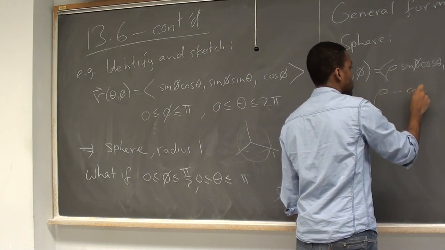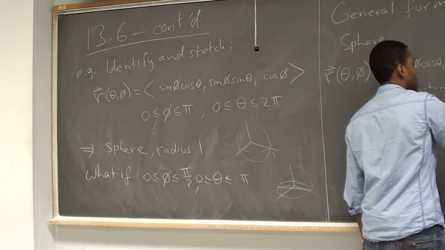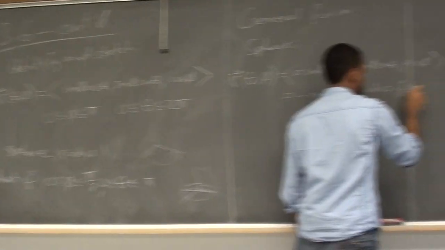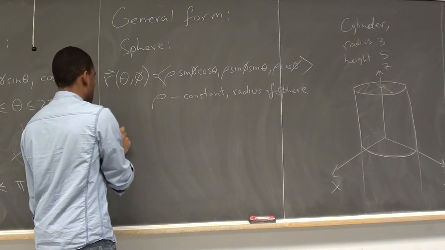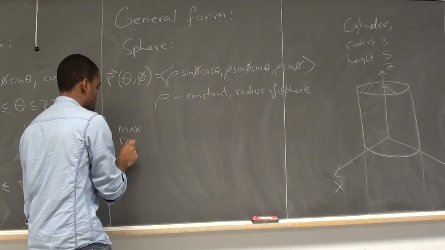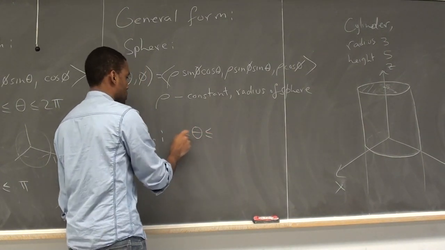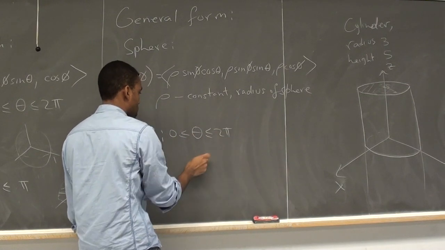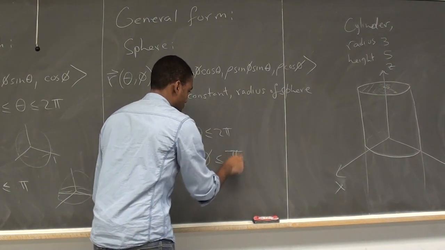Rho is a constant, the radius of the sphere. The max ranges: theta is 0 to 2 pi, and phi is 0 to pi.